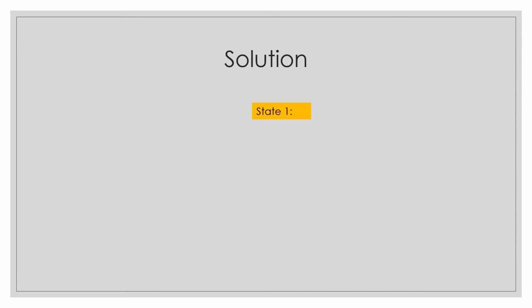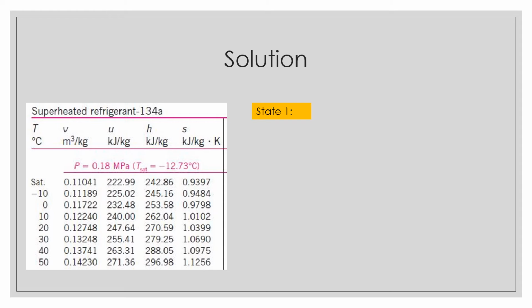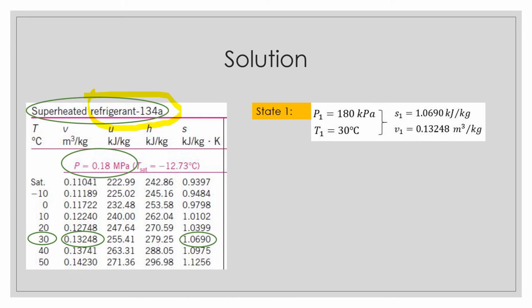Next, to solve for the properties in state 1, we refer to refrigerant 134A in the superheated table, and we can get the answer referring to P equal to 0.18 megapascal or 180 kilopascal at the temperature of 30 degrees C, equal to specific volume 0.13248 and entropy 1.0690. So this is the information we obtained for state 1.